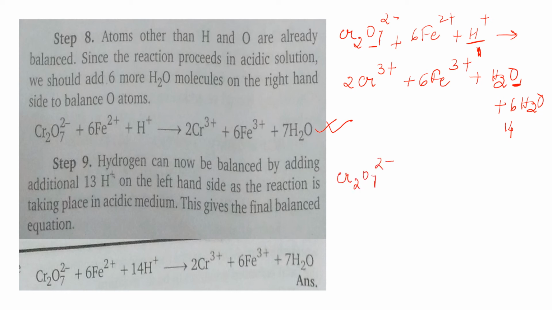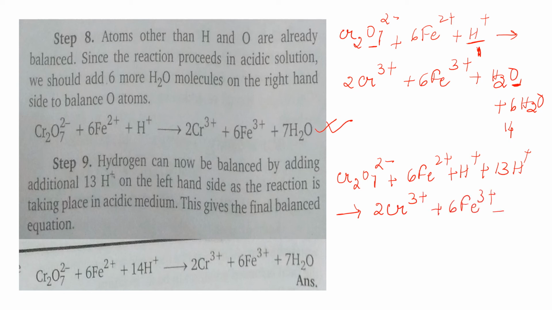Cr2O7 2- plus 6Fe2+ plus H+ plus 13H+ is giving you 2Cr3+, 6Fe3+, 7H2O.